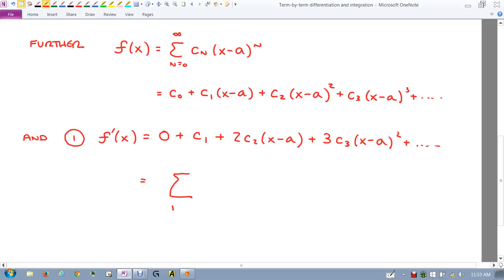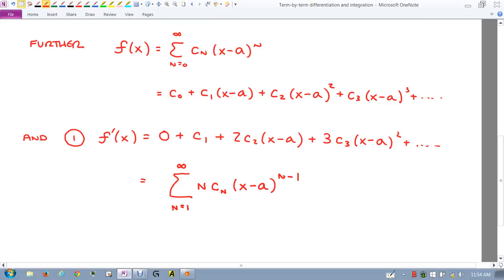Would this work? n equals 1 to infinity. What did we say came out? There was an n, right? C sub n x minus a to the n minus 1, right? That would create that series?